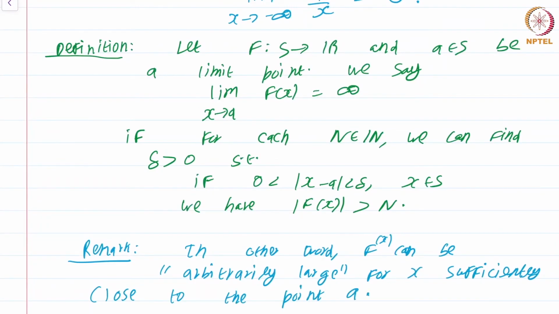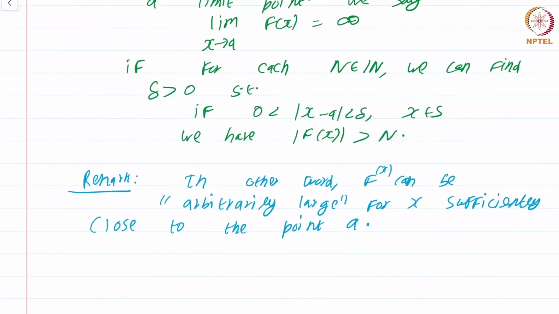So I'm not even going to bother trying to define precisely what arbitrarily large is. From the way this definition is phrased, it should be clear to you what it means. So we have now defined what it means for limit x going to a of f of x to be infinity.